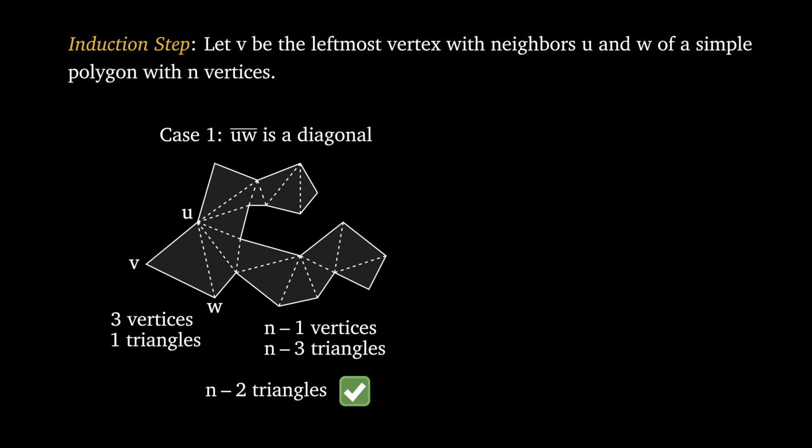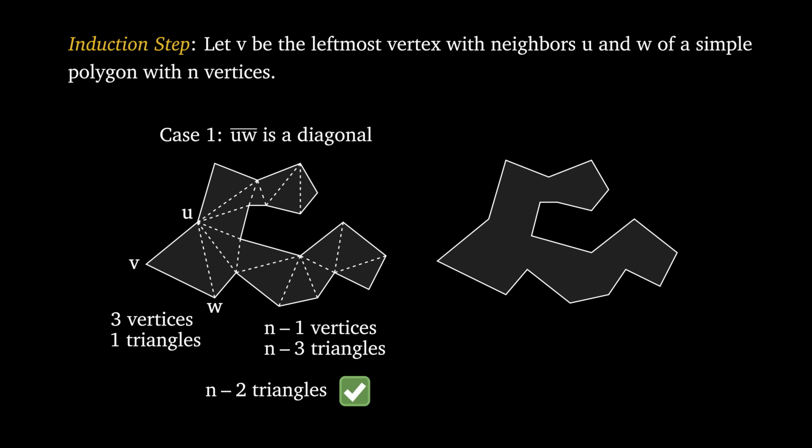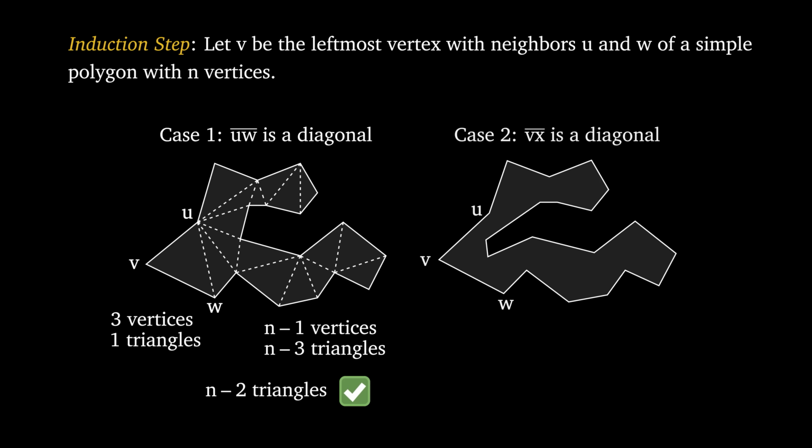Now what is in the second case? In the second case, the line segment UW will not be a diagonal, so the situation might look somehow like this. But in that case, there must be a vertex x inside the triangle UVW such that the line from V to x is a diagonal.